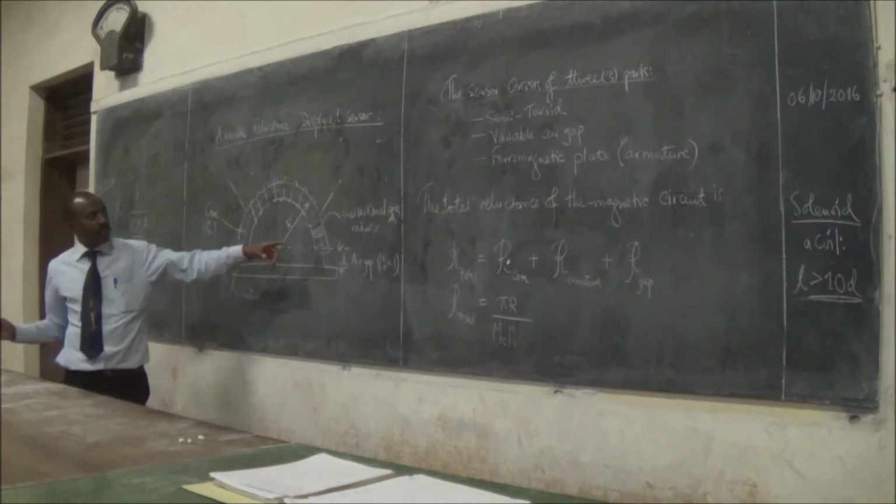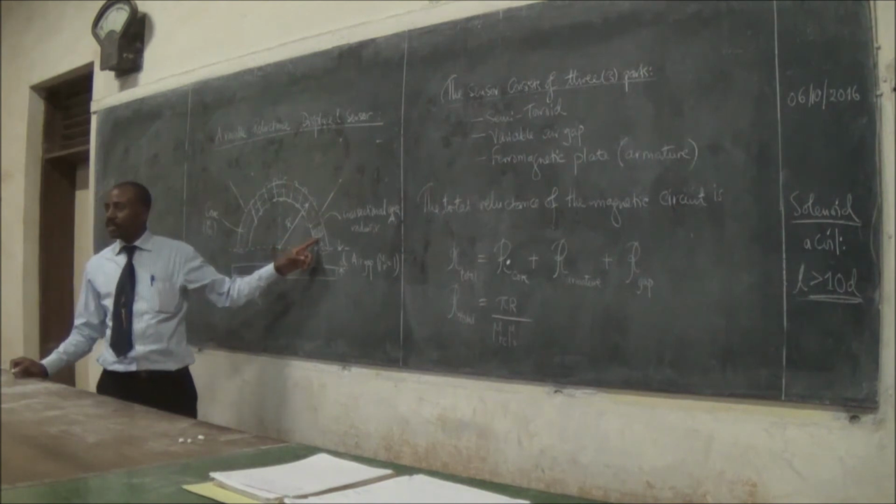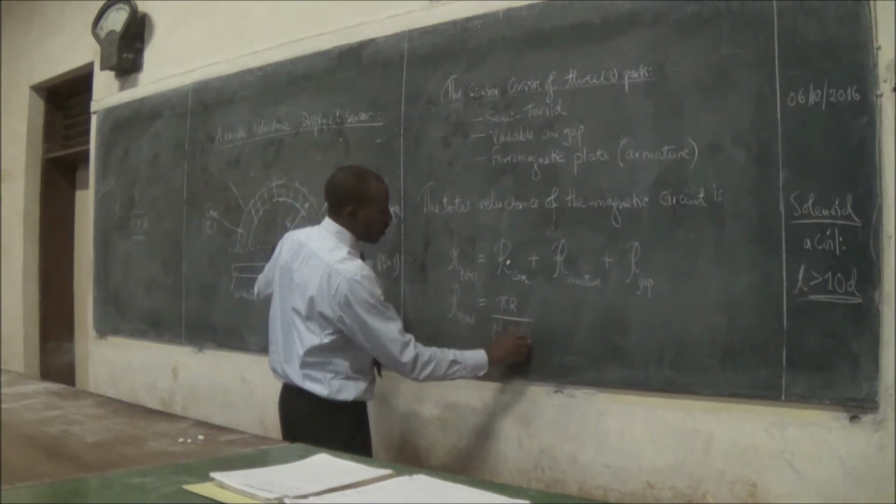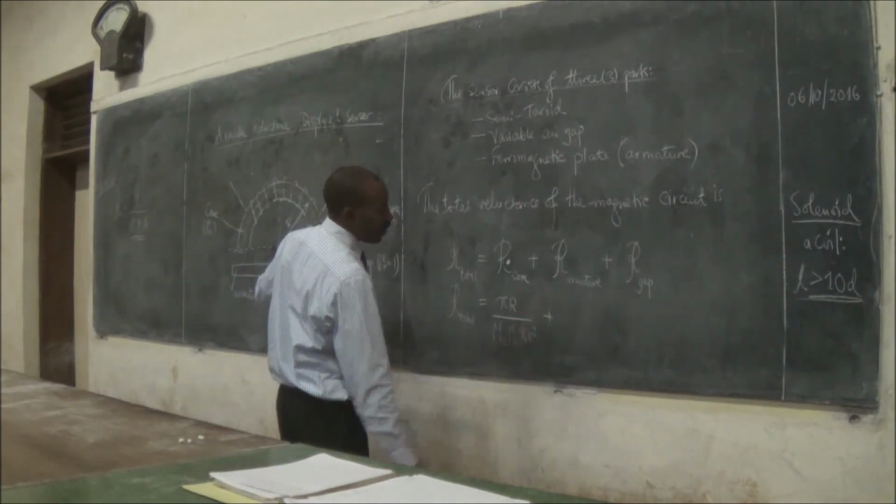The area is the cross-sectional area of the core, so that would be pi small r squared.